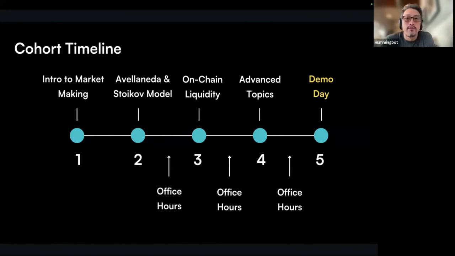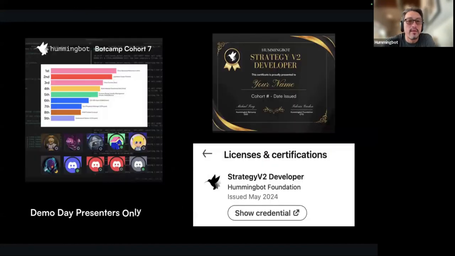And then finally, the 5th week of Botcamp is demo day, where everyone in the cohort presents the strategy they built. Typically, we see between 7 to 10 presentations, depending on how many people actually finish in time. And then the best strategy gets a special cohort winner NFT. This is what people get when they complete Botcamp and present at demo day.